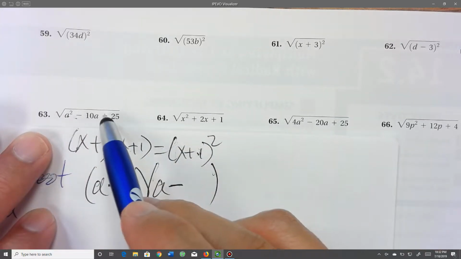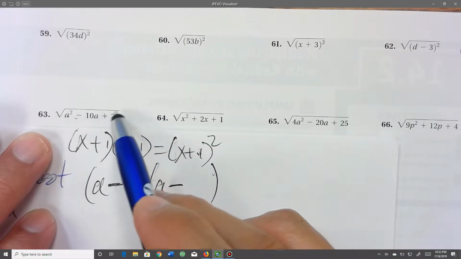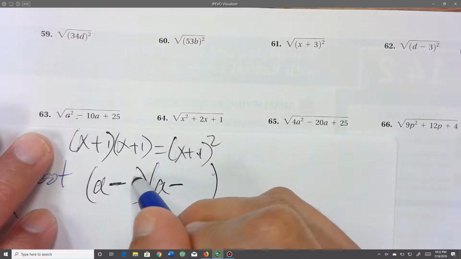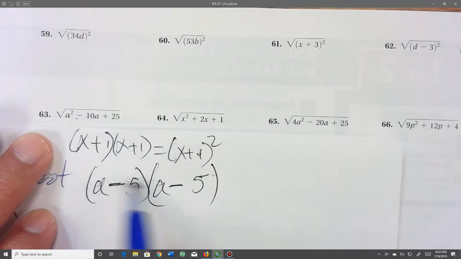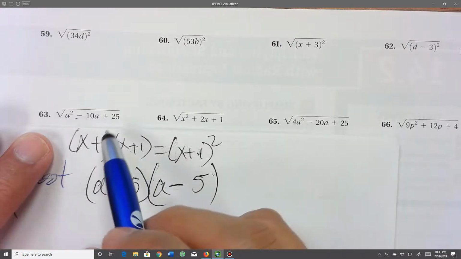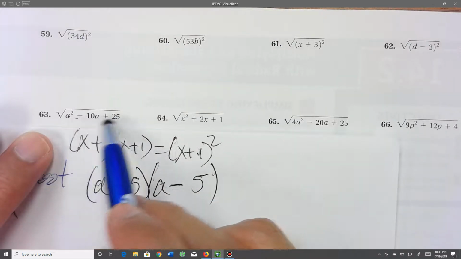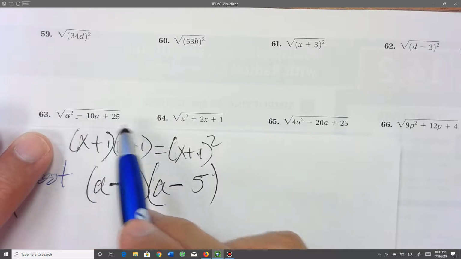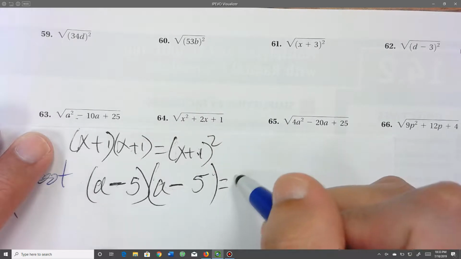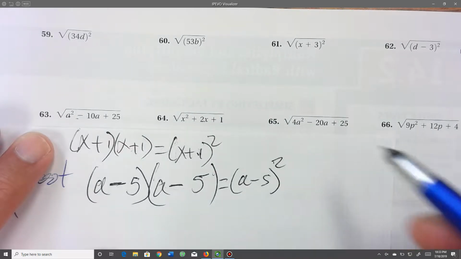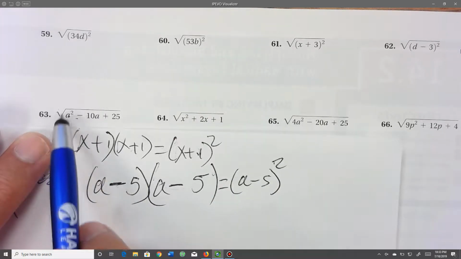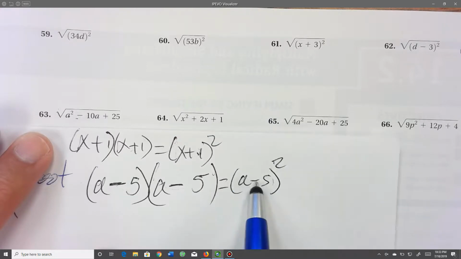So I use negatives, and this is a perfect square, 25. The square root of 25 is 5, so 5 goes here. So this expression here is a perfect square. In case you didn't notice, it's a bit difficult to tell that this is a perfect square, but it is. So you can rewrite this as a minus 5 squared. Bring it outside the radical sign, the whole expression.